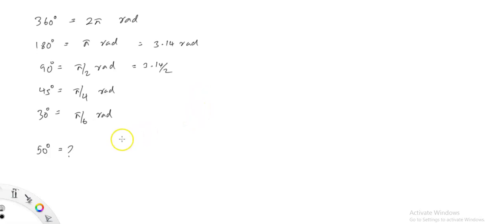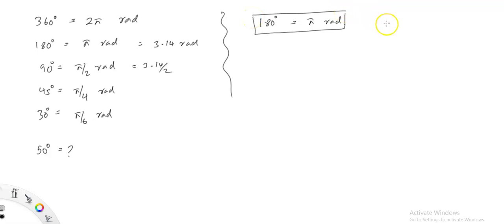We can always start with a known number. 180 equals pi radians. This is something we should remember all the time. This is our starting point. If you know this, you can find any other angle.